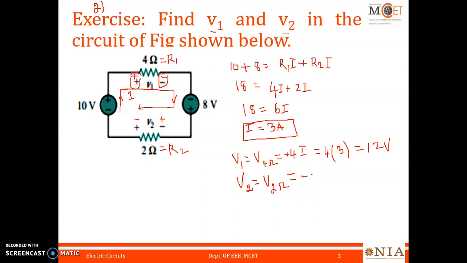So minus 2 into I, which is minus 2 into 3, equal to minus 6 volt. Therefore, V1, the voltage drop across the 4 ohm resistor, is 12 volt, and V2, the voltage drop across the 2 ohm resistor, is minus 6 volt.